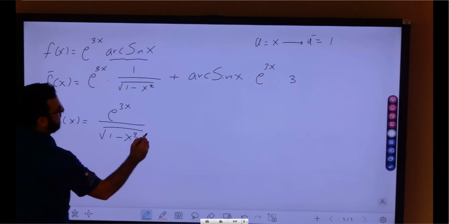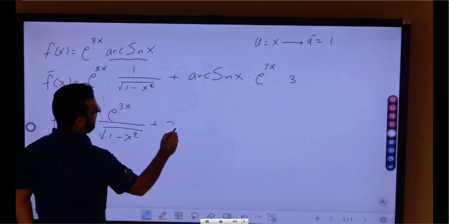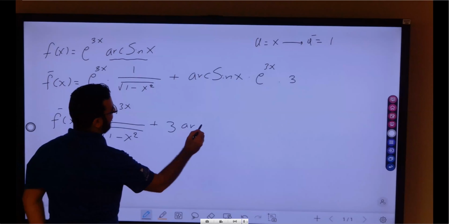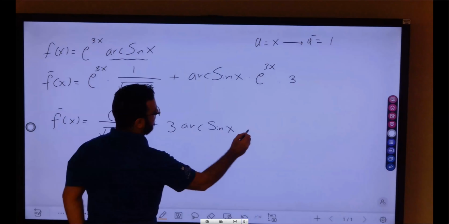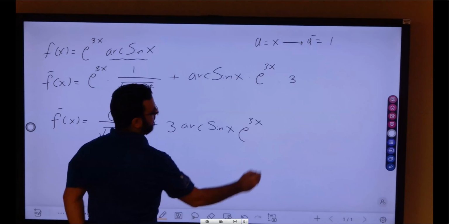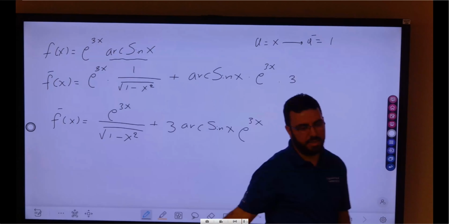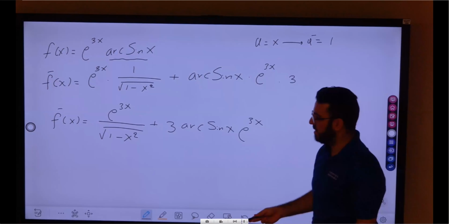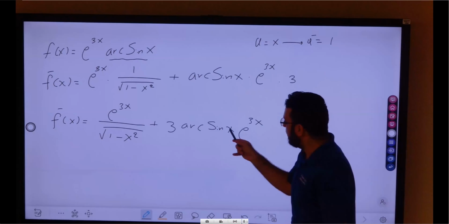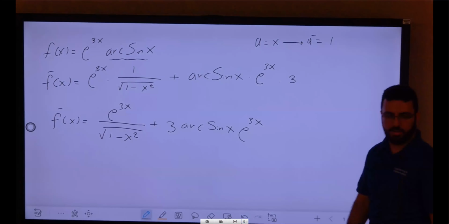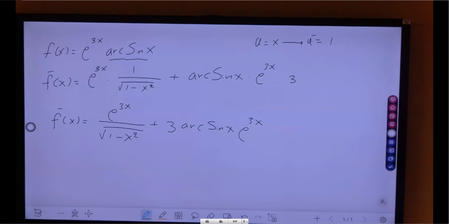Plus arcsine of 3x. It doesn't matter how you write it. Always we put the number in the beginning, it's multiplication. You can write down the 3 here, doesn't matter, but don't write down the 3 here, it could be wrong. And that's it, so I got it right.